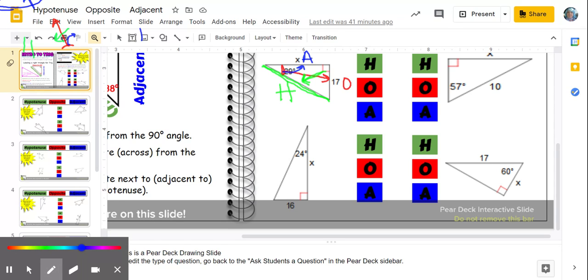So let's try the next one. What's the 10? Is that the O, the A, or the H? The 10. H. That's the hypotenuse. And what's the X?